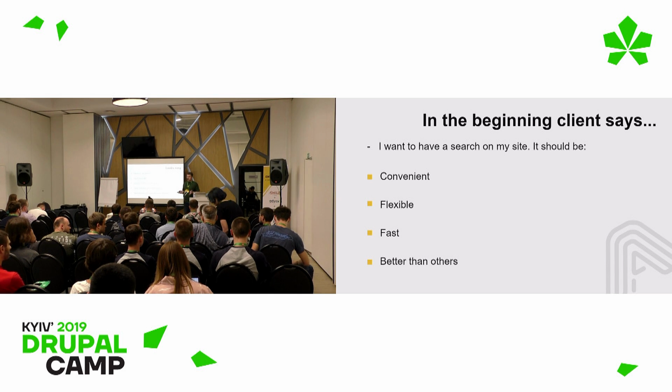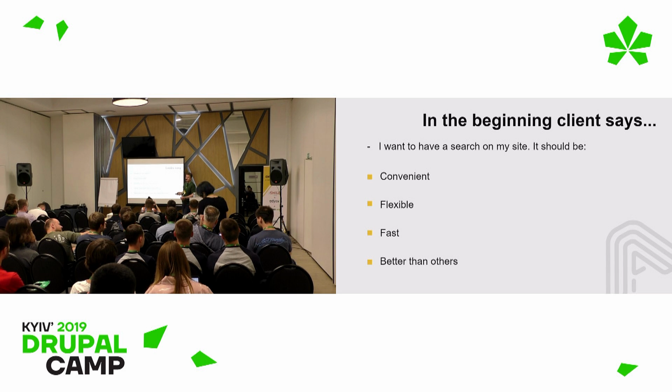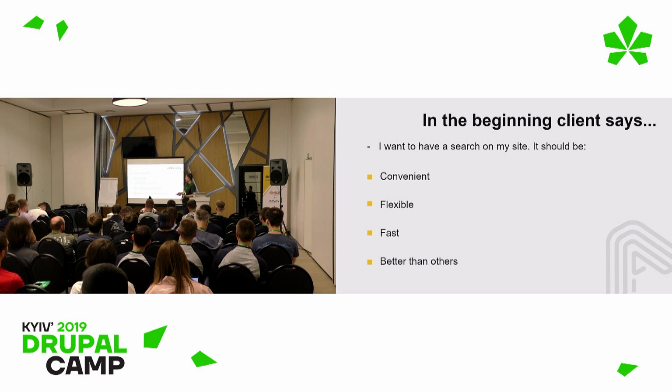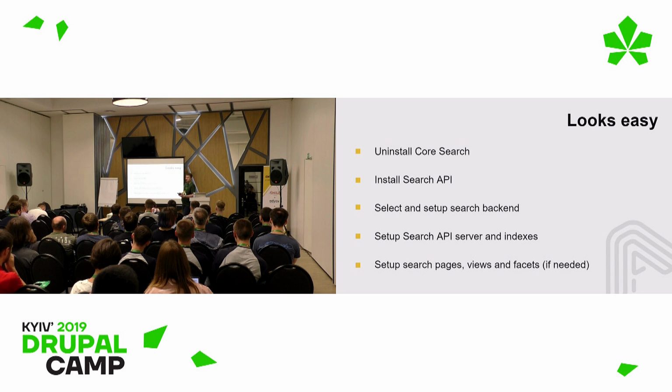And as usual, we need to follow some steps to improve these features. It's standard steps like install Search API, select and set up a search backend, set up Search API servers and indexes, and set up search pages, views, facets, and other stuff. Looks very easy, right? Yeah.